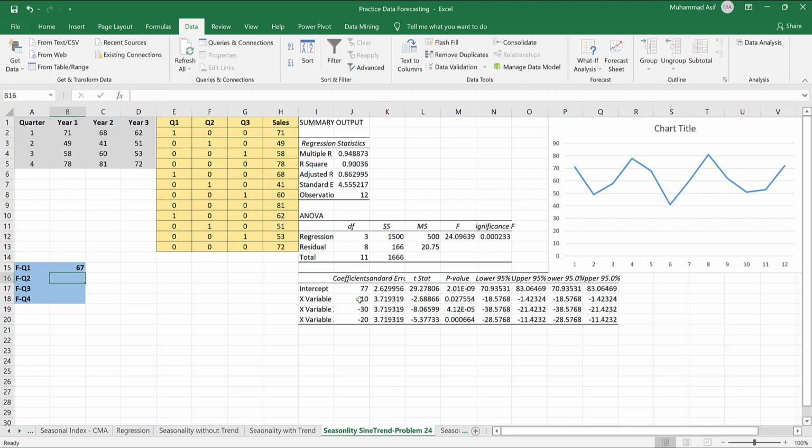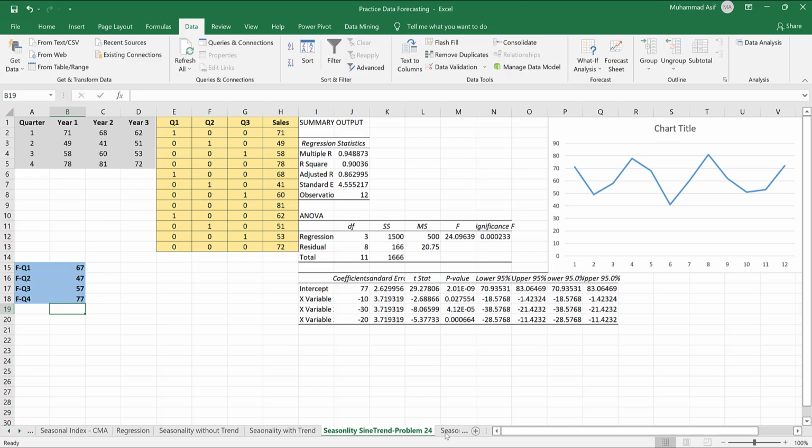Similarly over here it is equal to intercept plus this next one multiplied by 1 and the others multiplied by 0, and the next will again be intercept plus this q3 multiplied by 1 plus the others multiplied by 0, so we don't mention them. And the last one is intercept plus q1, q2 and q3 multiplied by 0, which means there's no need to even write them. And so we get this forecast.